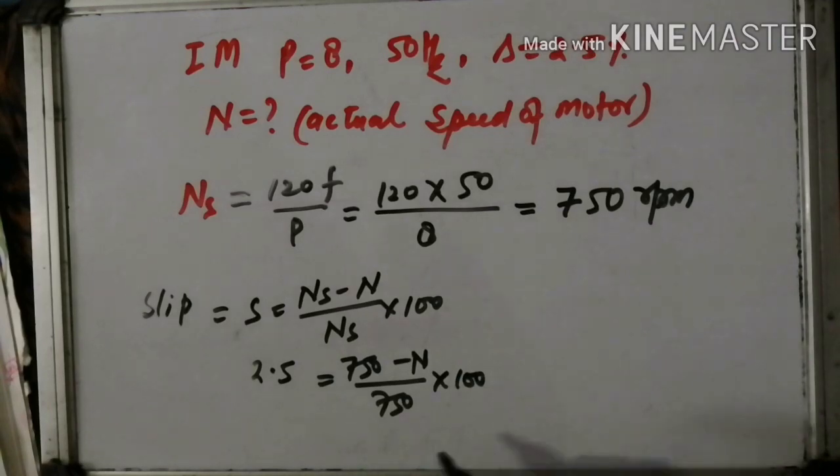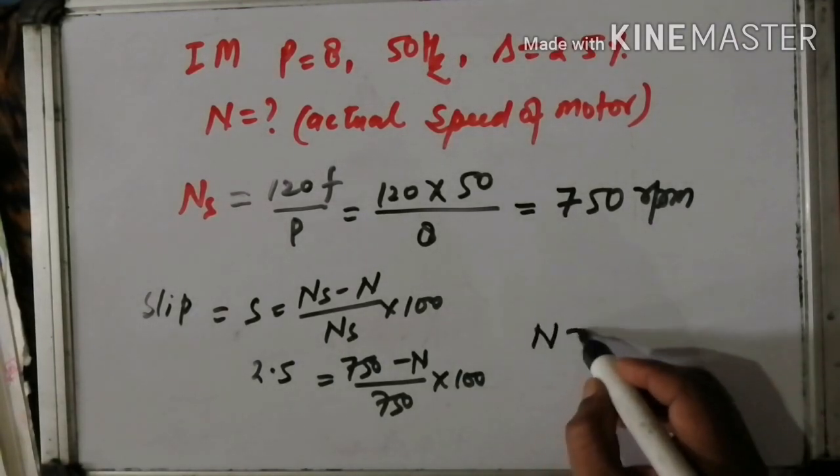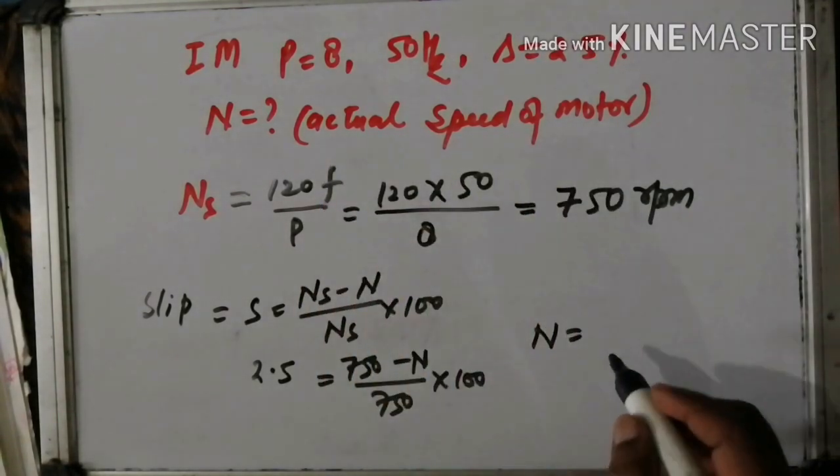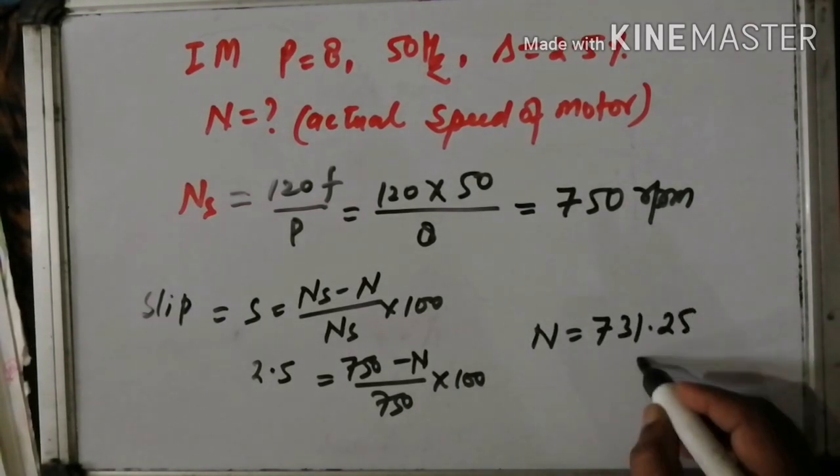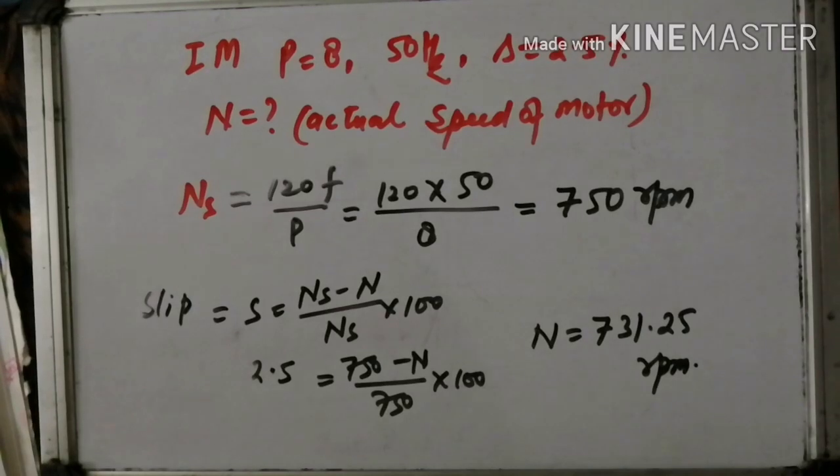After cross multiplication, we can calculate the value of N, that is the actual speed of the motor. It is 731.25 rpm. So according to the question, after the calculation, the actual speed of the motor is 731.25 rpm.